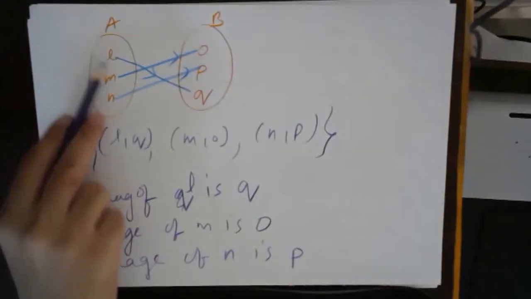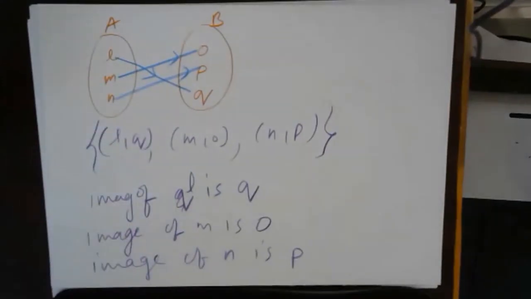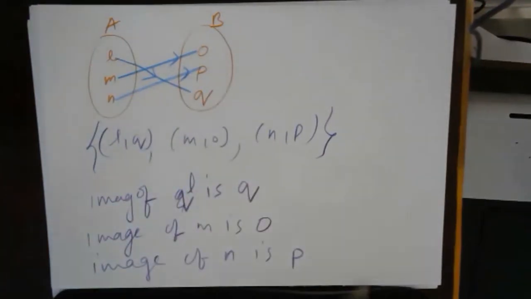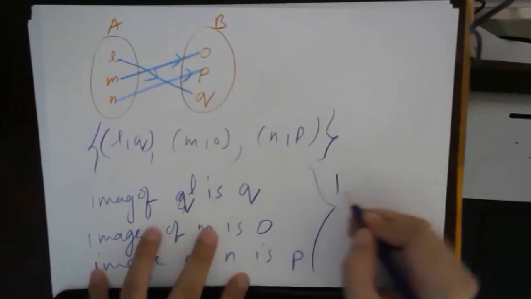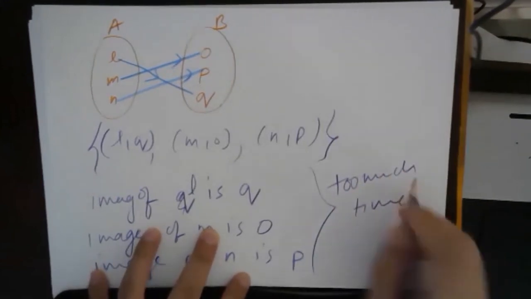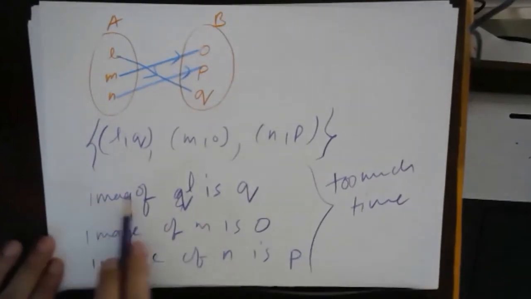The image of L is Q, the image of M is O, the image of N is P. I've written everything. If I have too much time, I will write everything. Understood?